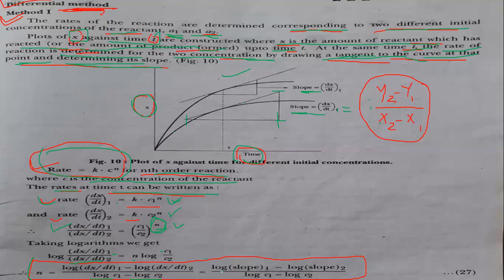That can be written as log of slope 1 minus log of slope 2, upon log of concentration c1 minus log of concentration c2. In this way you can find out the order of reaction. This is one method.